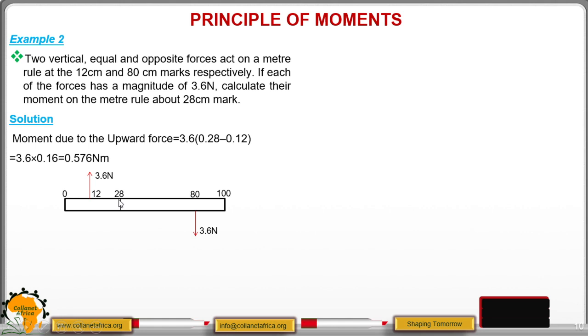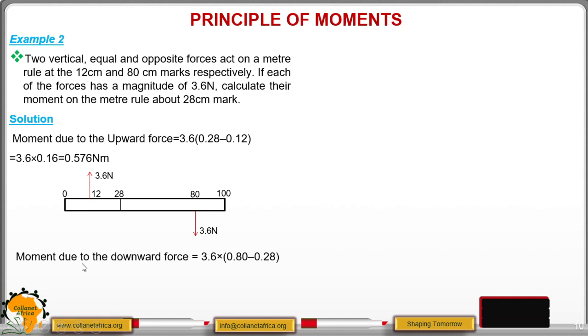It is very clear because they are saying about, and about means that is where the pivot is. So the distance from here to here is 0.16. Then you take 3.6 times 0.16, and you will get this.